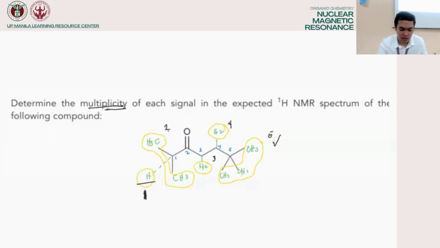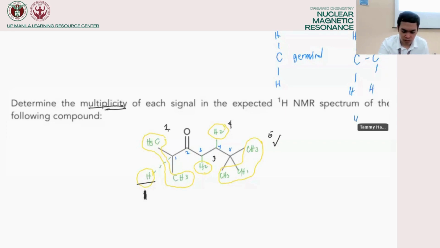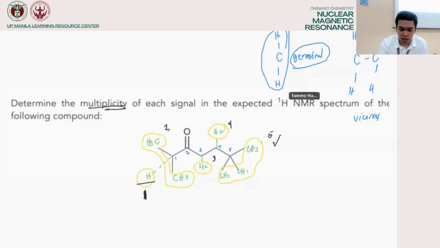Ang sabi natin, di ba, neighboring atoms can be like this, which is germinal, and this is vicinal. Germinal, same carbon, and then magkalapit na neighbor carbons.